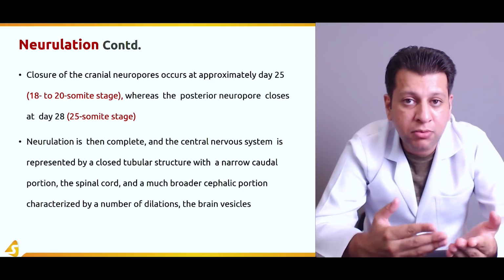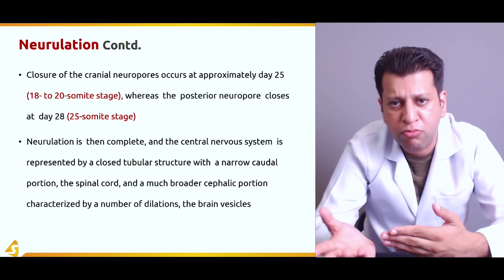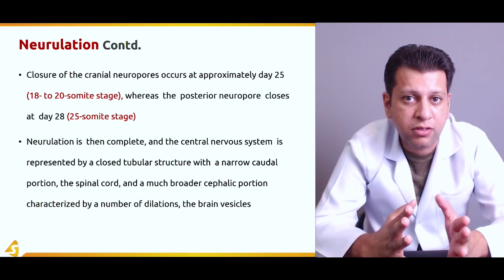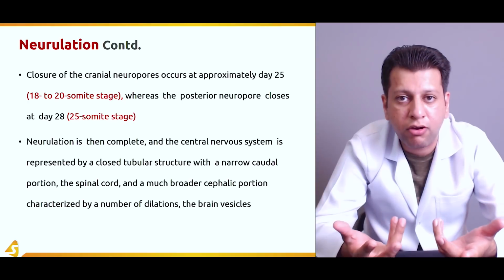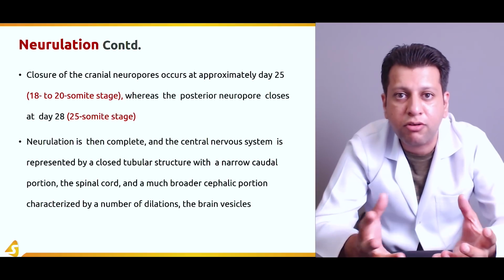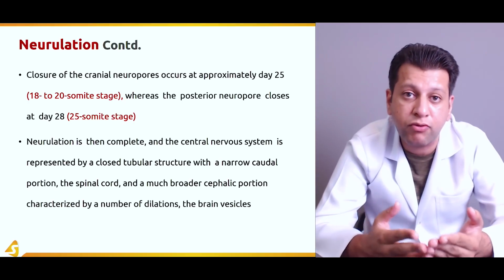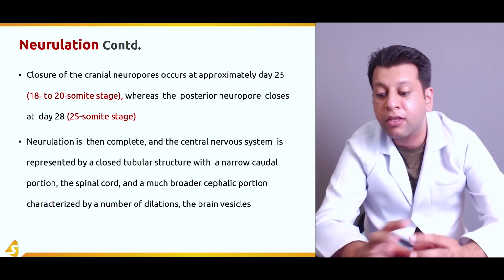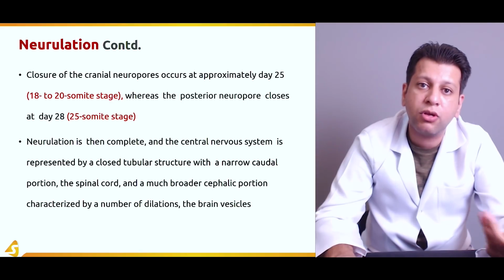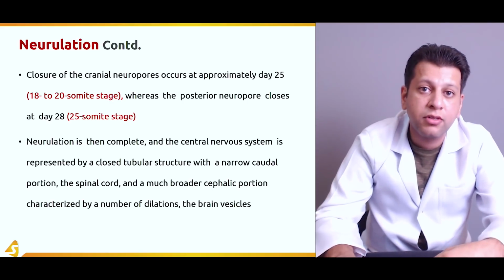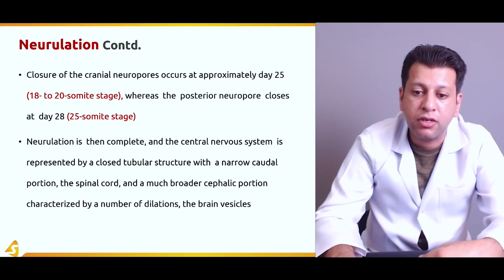Such babies usually do not survive beyond 30 minutes to 1 hour after birth. Usually they die, as the brain is the main organ controlling every other organ, so it is not practically possible for a baby to survive without a brain. And if the posterior neuropore is kept open, then another pathology, termed spina bifida or meningomyelocele, occurs, which I will be discussing later on.